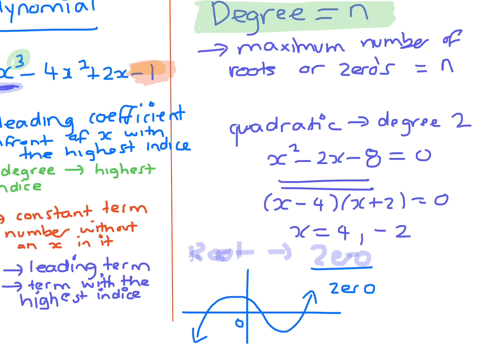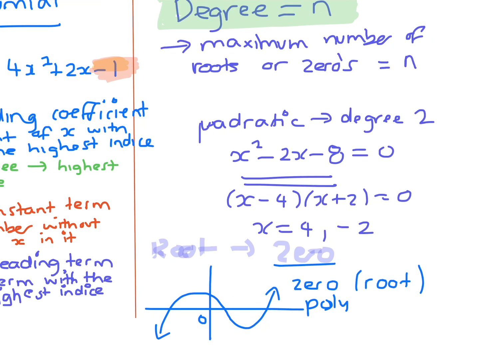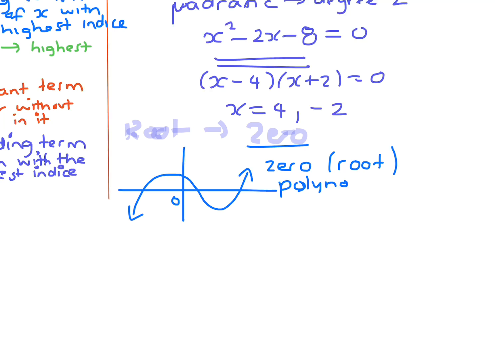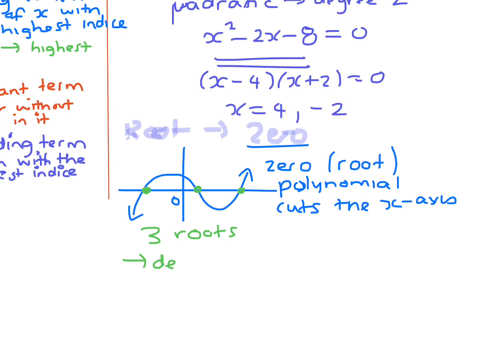So a 0, also known as a root, it is where the polynomial cuts the x-axis. See, if you look at this one here, basically it cuts it 3 times. 1, 2, 3. So it has 3 roots. So its degree would be 3 because it has 3 roots. They're single roots because it's only cutting it once.